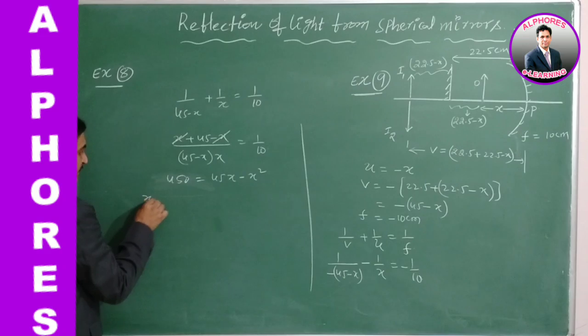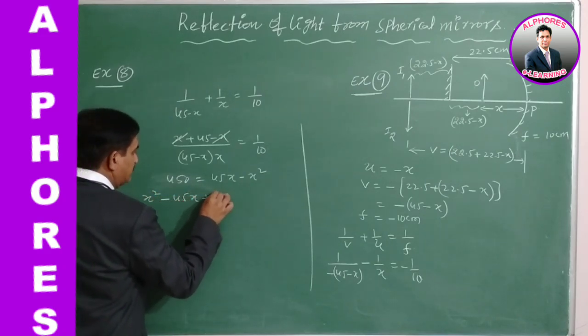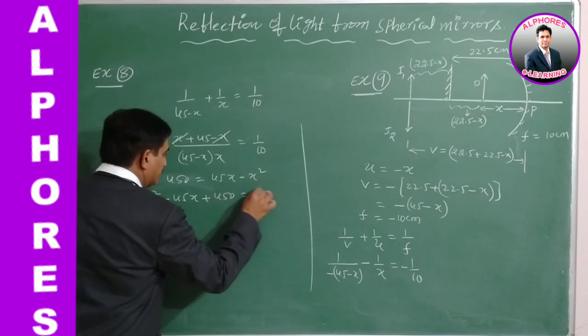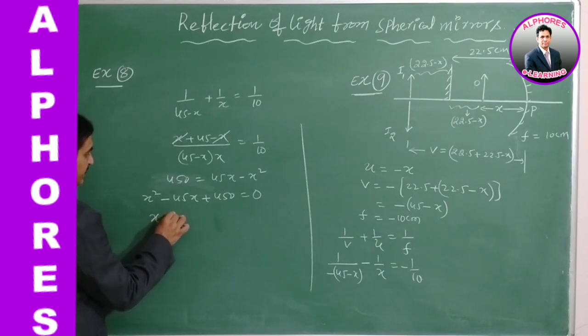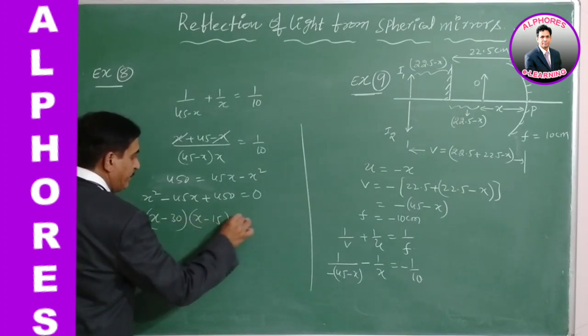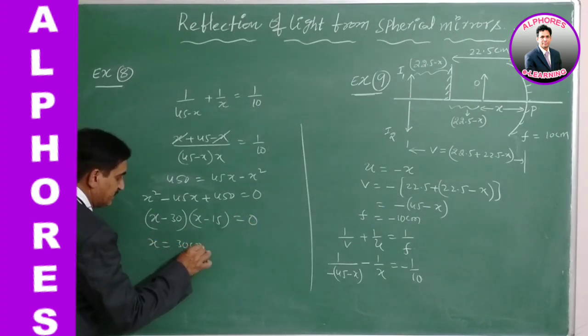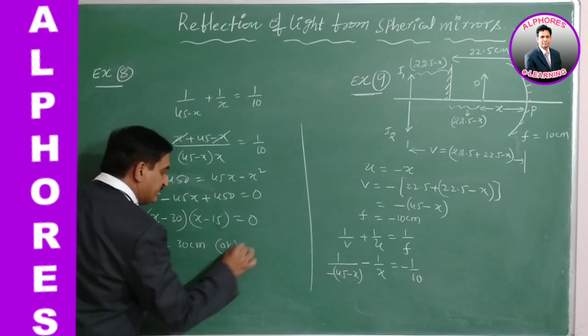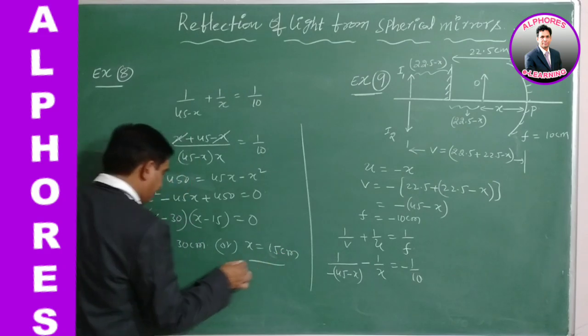Take this side: x square minus 45x plus 450 is equal to 0. On simplifying this, you will get (x minus 30) into (x minus 15) equal to 0. Therefore, either x is 30 centimeters, or x is 15 centimeters.